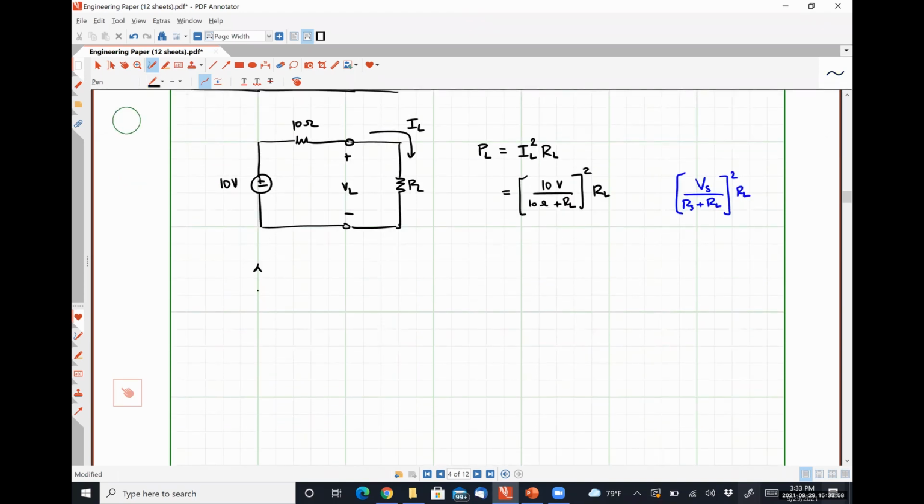I'm going to try to draw it as uncrappily as possible. The blue is just if I didn't know that the voltage was 10 volts and the source resistance was 10 ohms, so I'm just putting it in a general case.